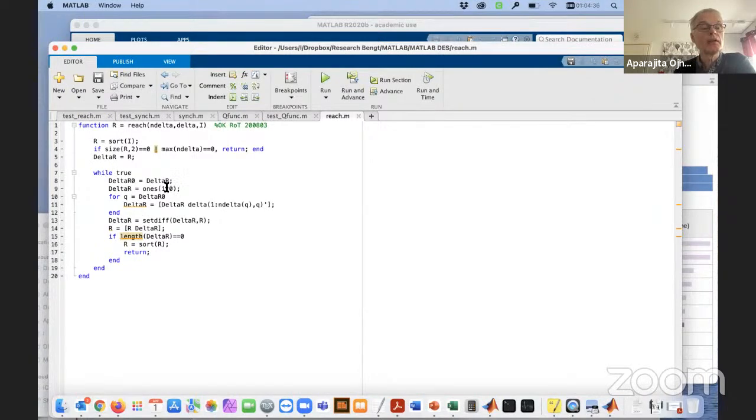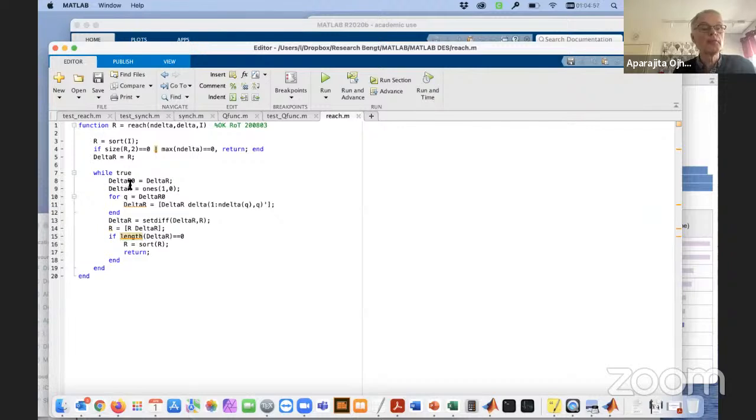So this is built on the idea that you build the set of reachable states, and then the delta of R is those that are new, that have not been reached before.